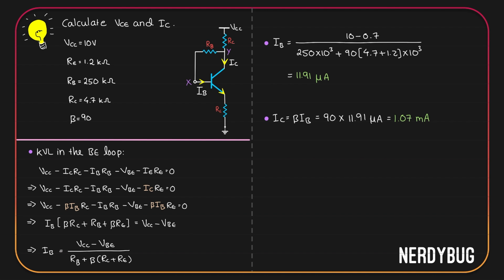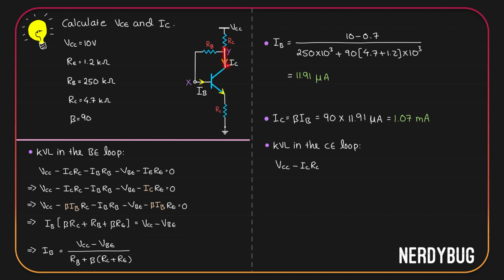We also have to find out VCE. For that, we can apply KVL in this loop. It has the collector and emitter, so it is the collector-emitter loop. I'll start from VCC. ICRC will be dropped across RC over here, so I will write minus ICRC.